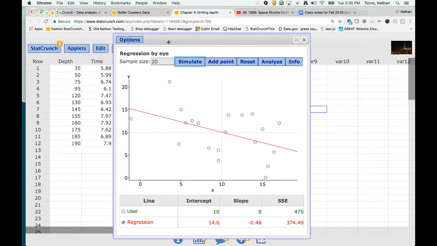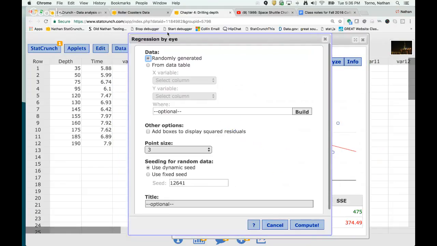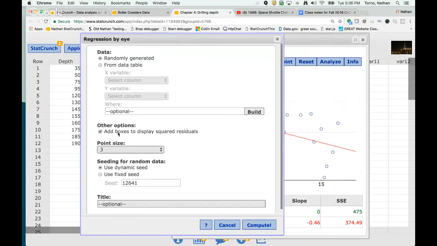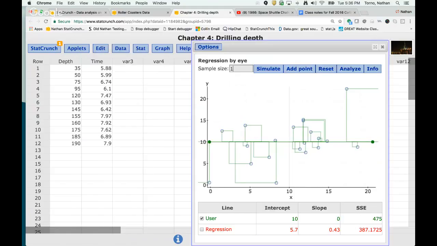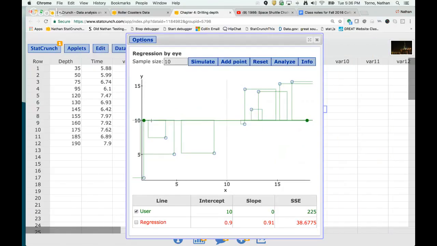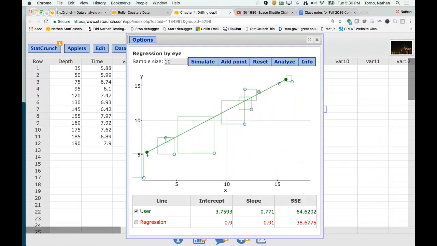Let me show you a visual to capture that a little bit better. I'm going to turn on these little boxes for squared residuals. It should help visualize what's happening. I'll make the points a little bit smaller too. Each box represents a residual squared, so it represents how much that residual is affecting the best fit line.